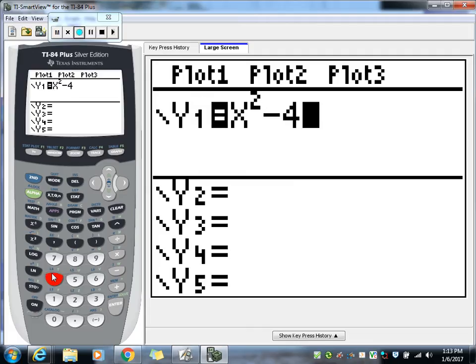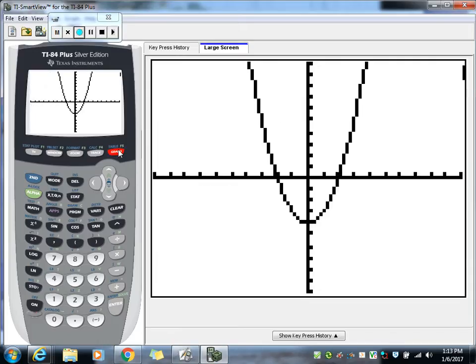I want everyone to plug in their calculator and show it to me. Lift up your calculators and show it. Some of you aren't plugging them in. Come on. X squared minus 4. And then hit graph. I want to see everybody's parabola. Good. Hit zoom 6 on yours. Do you know where the zoom button is? Yes. Good. Let me see. Good. Okay.